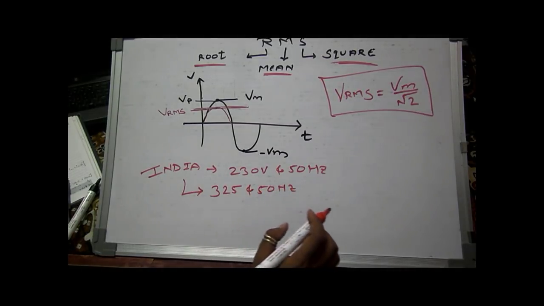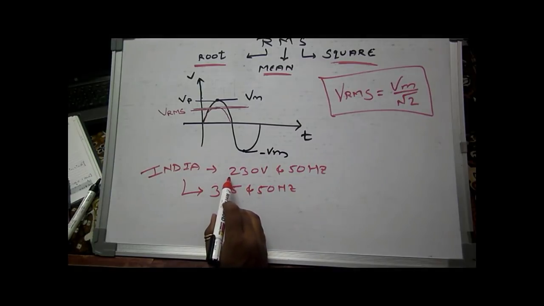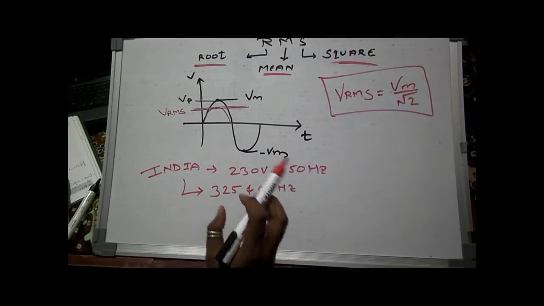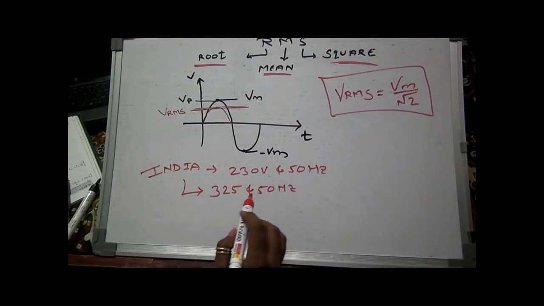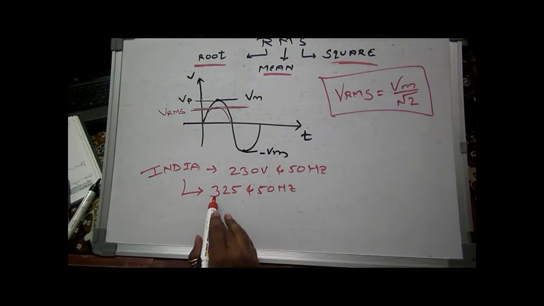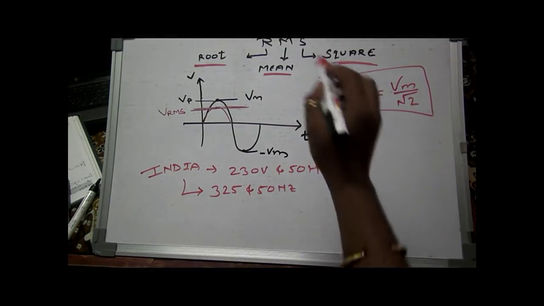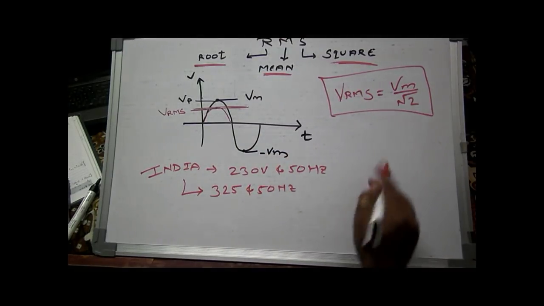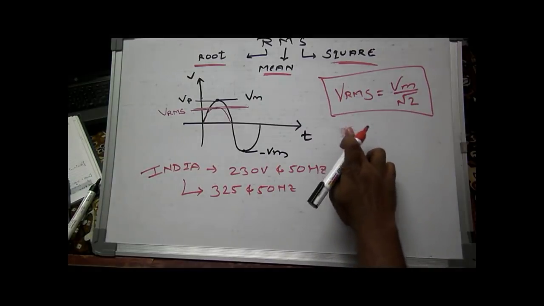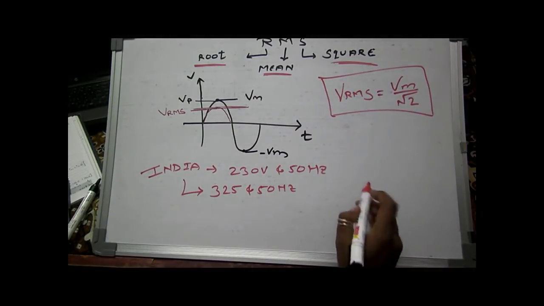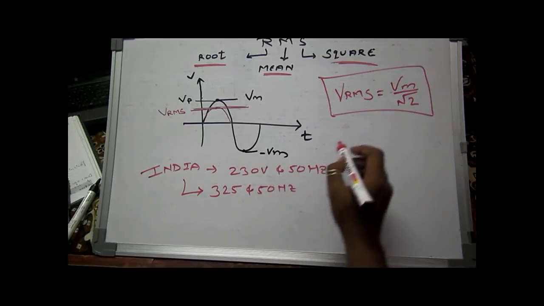Now this might be confusing you. We have learned that our AC outlet is 230 volts, the AC power that comes into our home is 230 volts, and now I am saying that it is 325 volts. How can it be? Actually we know the formula for Vrms, I have written it here. I told you Vrms is 230 volt.